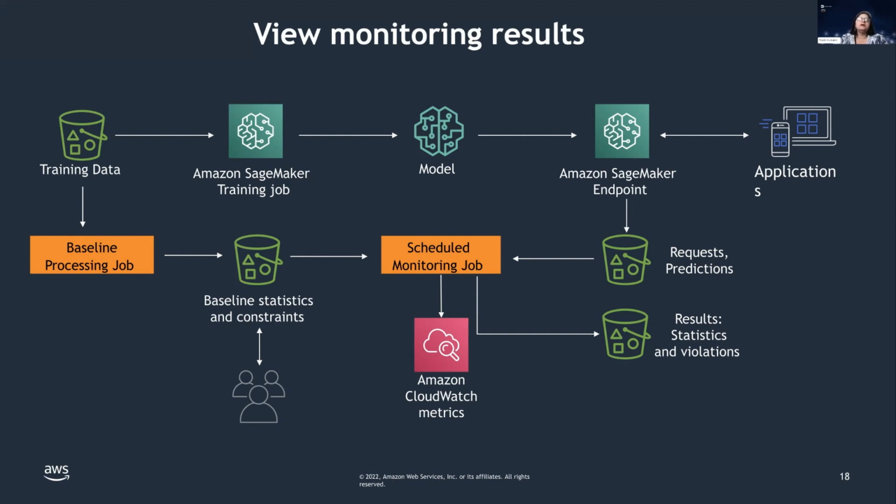And depending on the CloudWatch alert, you can decide to take action. Say, for example, the data quality monitor shows me that the data drift is more than 30%. Maybe that's the time you decide to retrain the model. And that's where, looking at the CloudWatch alert, you can just trigger a job that is going to retrain the model. So this is about the data quality monitoring workflow.